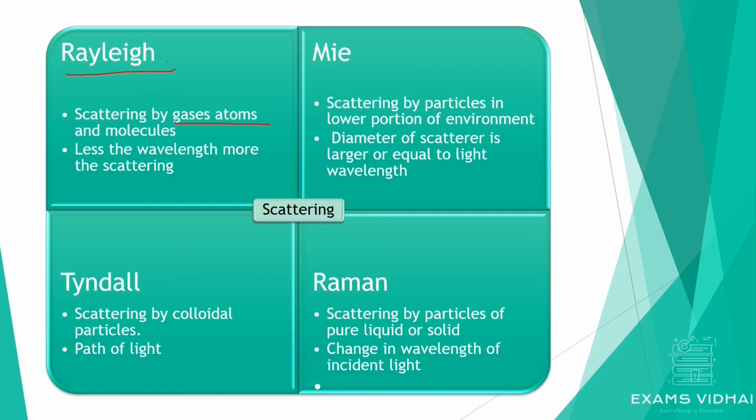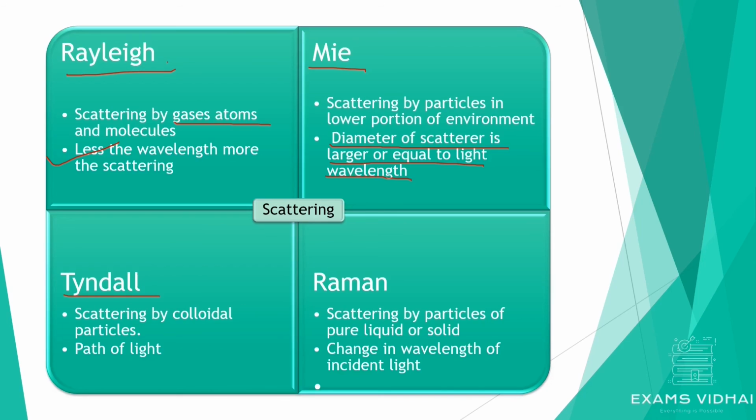Thus, it means that the lesser the wavelength, the more the scattering. Then we have read about Mie scattering. There, scattering takes place by the particles which are present in the lower portion of the atmosphere, which include pollen particles, dust particles, etc. Here, the diameter of the scatterer is larger than or equal to the wavelength.